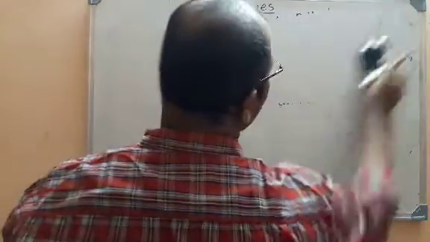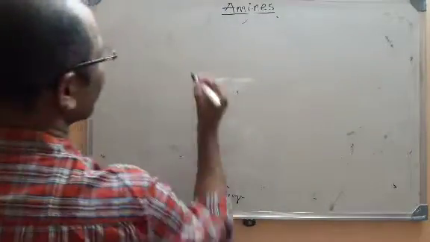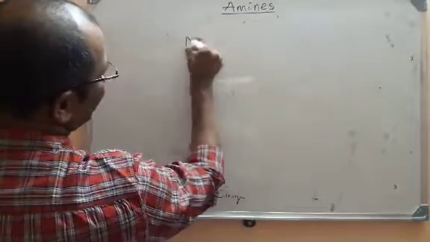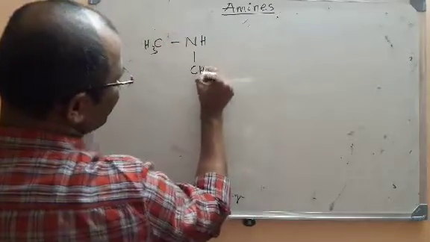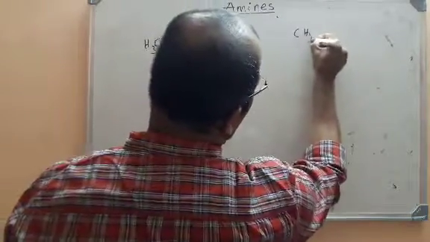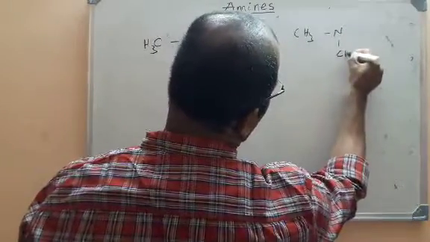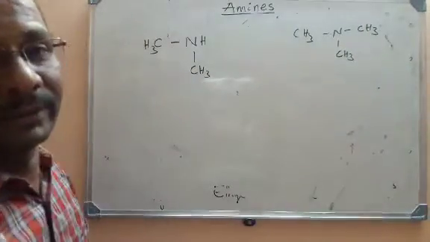Here, one more case I will discuss before going to examples. In the case of secondary and tertiary amines, I will write one example like CH3NH. This is a secondary amine. Or I can take even a tertiary amine with the same alkyl group first. Now, how are these named?